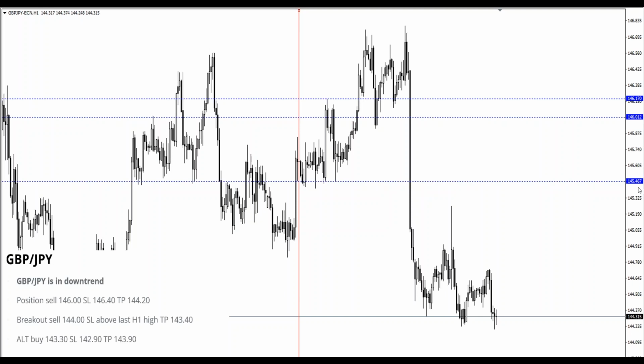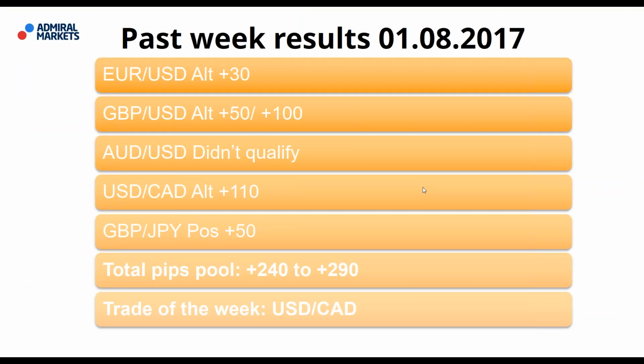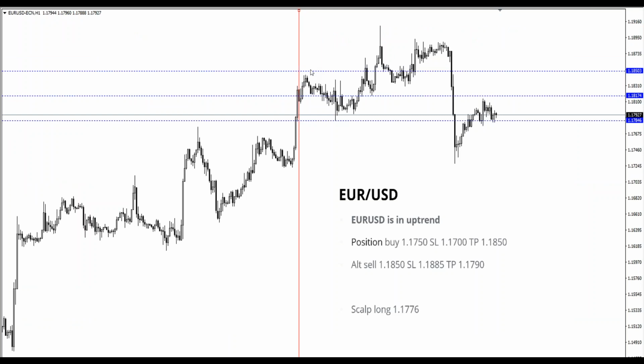It came to 145.46, so it's like 50 pips possible, and then it went up, but originally this first rejection provided some nice pips to the downside. And this is the result. So definitely the trade of the week was dollar CAD, but yet again we had also some nice trades running on other pairs.